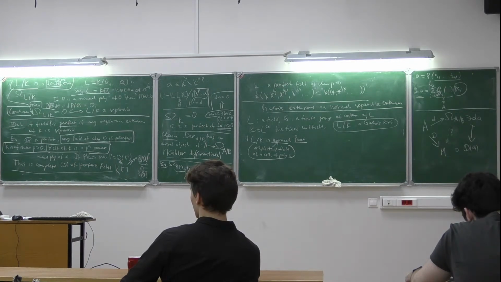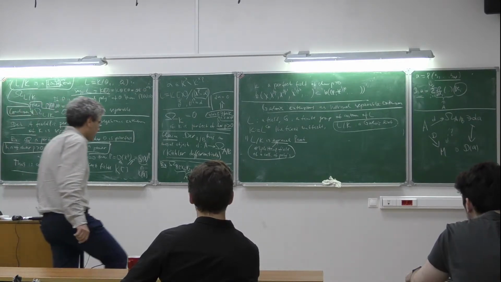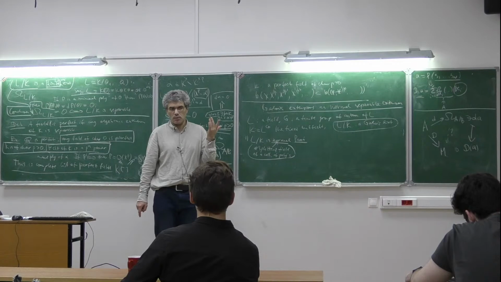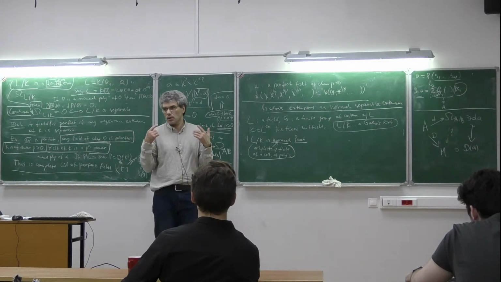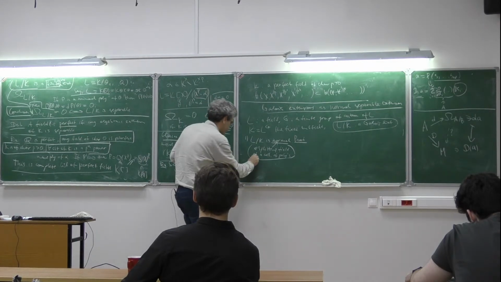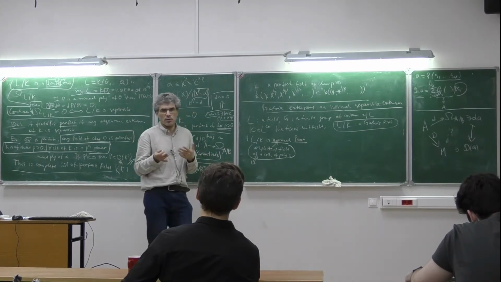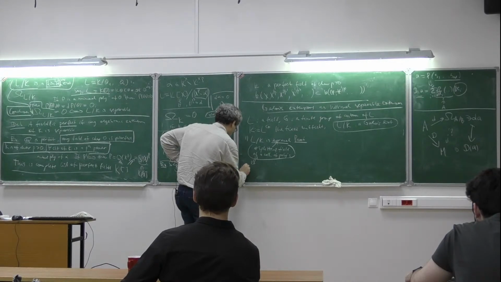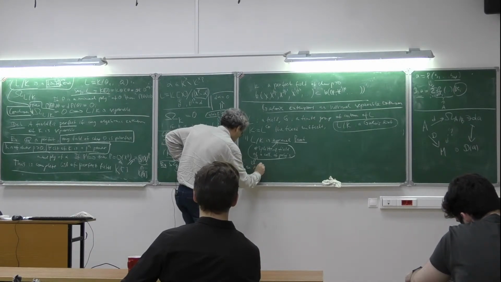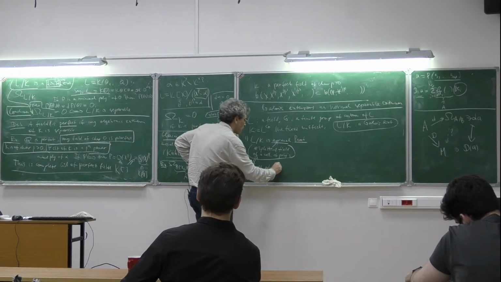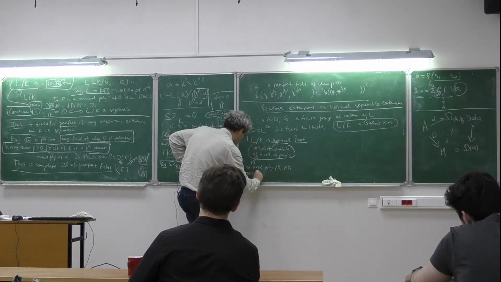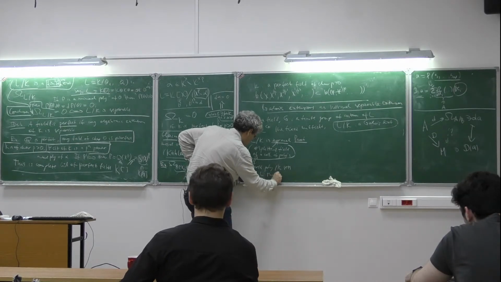For instance, we call an extension normal if any irreducible polynomial becomes... so for instance, if an irreducible polynomial over K gets a root in L, then it splits completely.